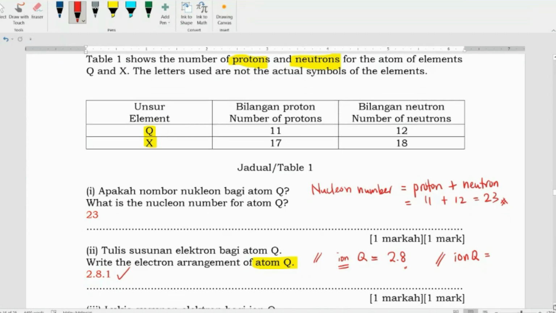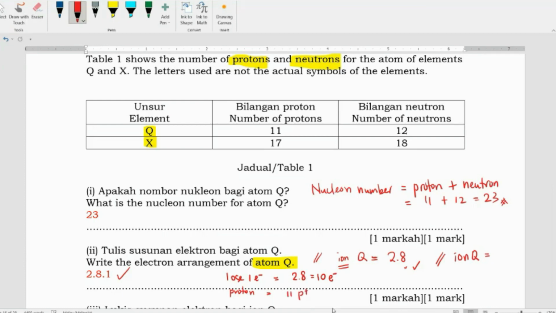Okay, so class, after the ion Q, the electron arrangement is 2.8, right? Meaning that now these ions lost 1 electron, so it will be 10 electrons, correct? Then how about the protons? Any change to proton? 11 protons, right?